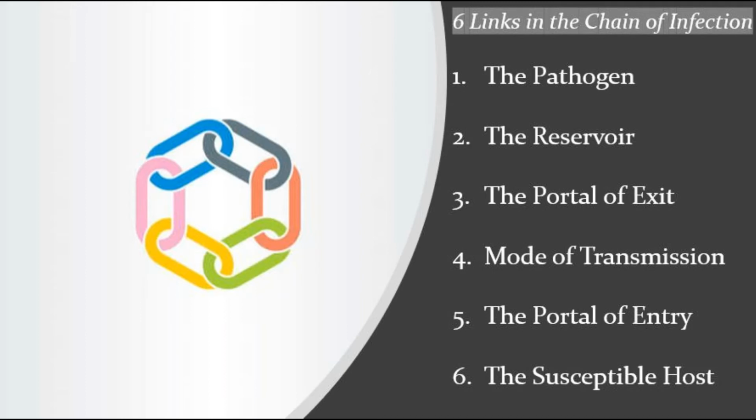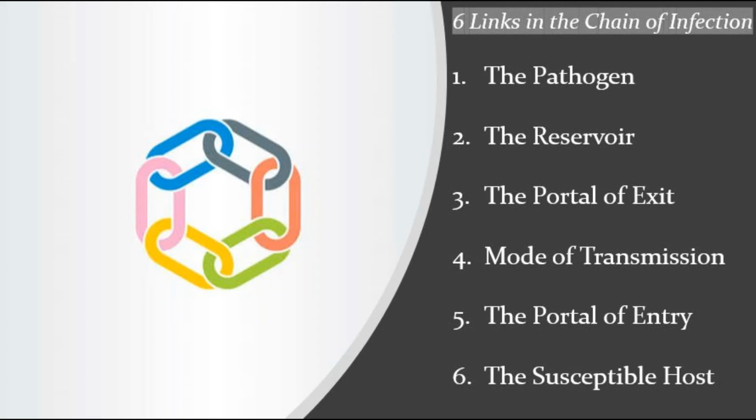Indirect transmission is when the organism is on an intermediate carrier, such as an environmental surface that has been contaminated by an infected person. Airborne transmission is a type of indirect transmission where the organisms are suspended in the air by dust or droplets. Droplets or dust can remain suspended for long periods and can blow over great distances.